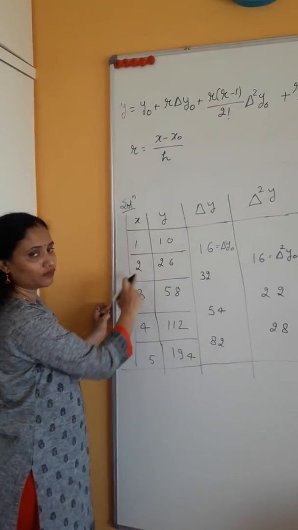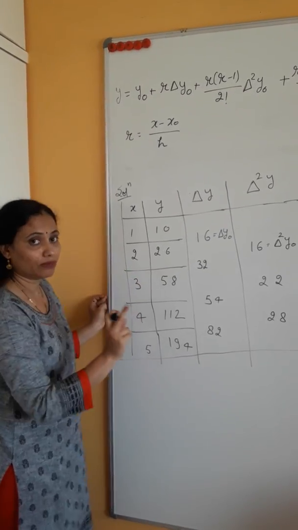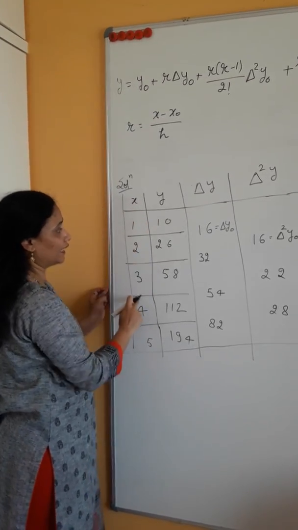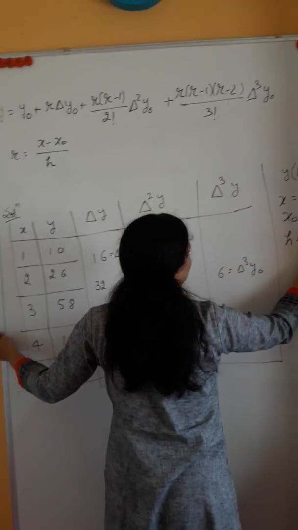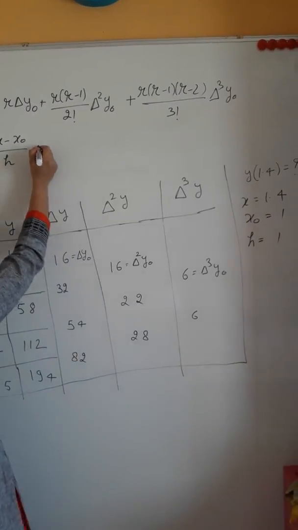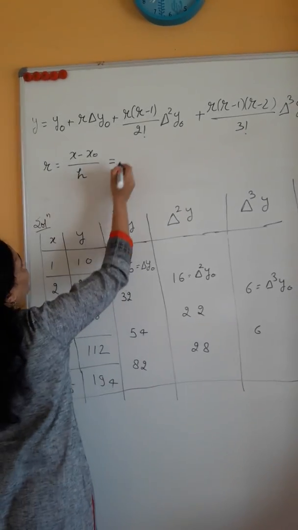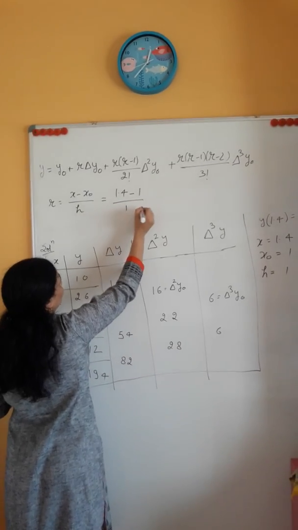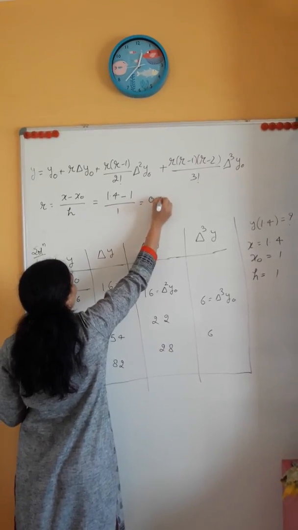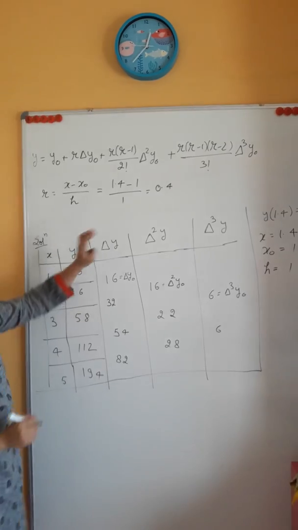What is the difference between any two points? That is 1. Remember that we have to take the difference in x, not in y. So h is 1. Substitute these values here and you will find the value of r. So 1.4 minus 1 divided by 1. It is 0.4.